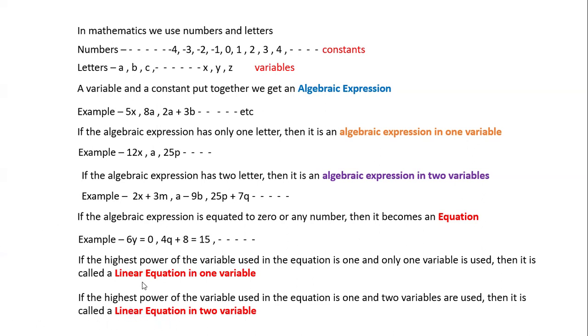This is also a linear equation because the highest power is 1, but it has only one variable, and here it has two variables. So this is a linear equation in one variable. This equation, if you equate it to 0, becomes an equation in two variables. Now, let us see an example.